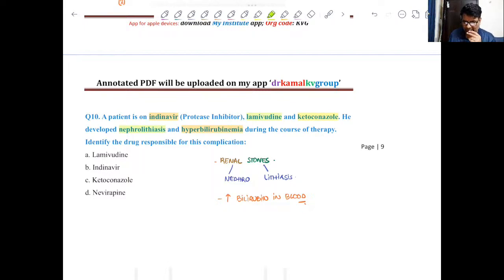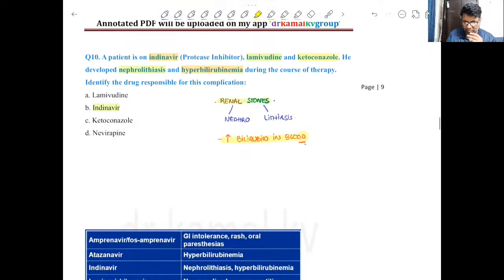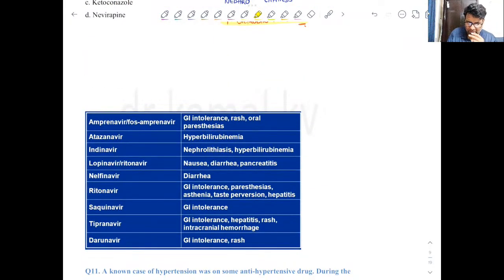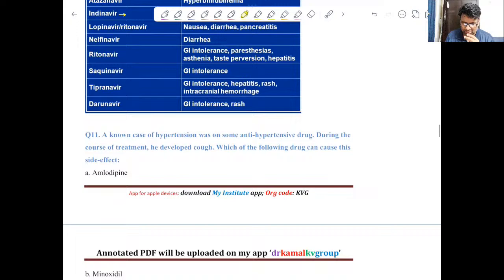So I think this is a little difficult from your point, but this is indinavir. So indinavir, an anti-HIV drug, protease inhibitor class. It can cause renal stones and it can also cause hyperbilirubinemia. So this table might help you. So this is indinavir, which can cause nephrolithiasis and hyperbilirubinemia. Okay, so a slightly tough question.